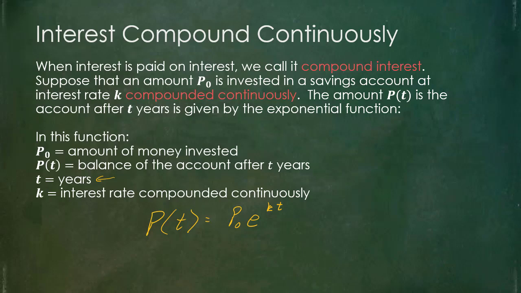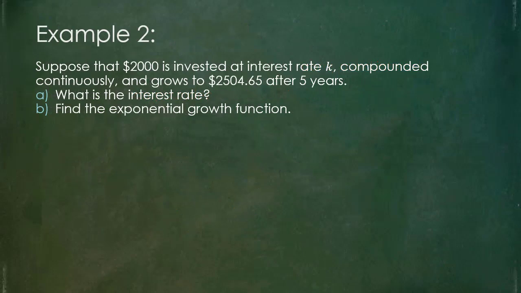And the interest rate also needs to be a per year investment. If it doesn't imply anything, then that would be in terms of whatever the years were. So let's go ahead and transition into an application of those notes, which is the next example.